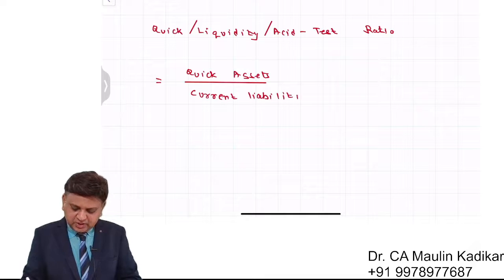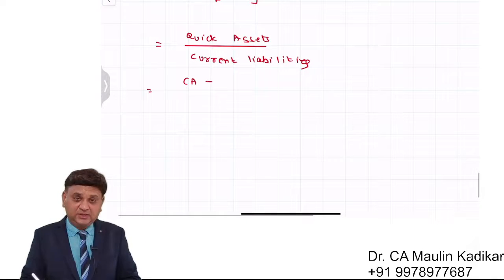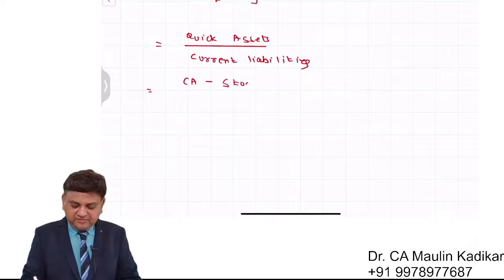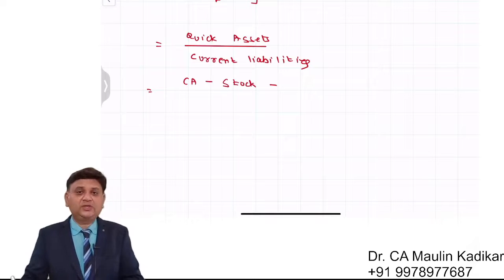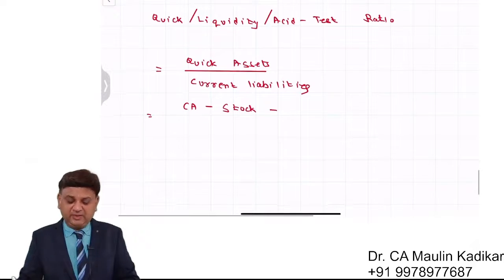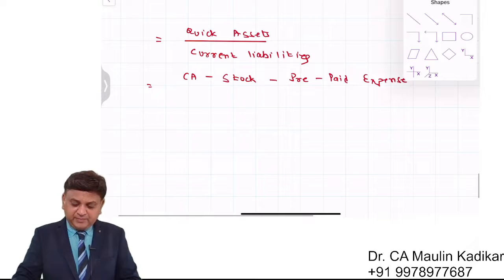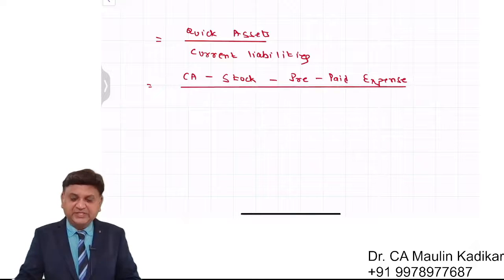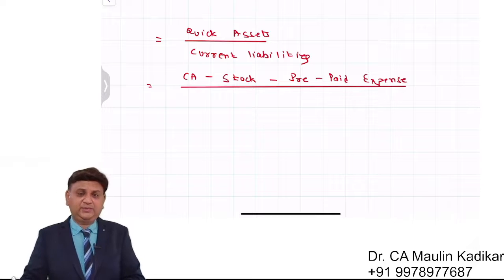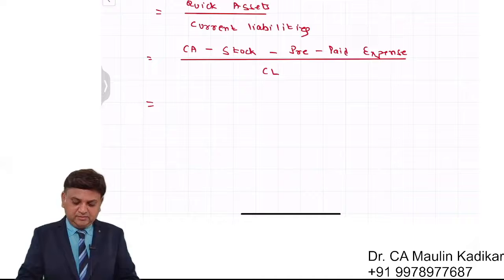As far as the quick assets are concerned, they are calculated as current assets minus stock, because the contention is that stock is not easily convertible into cash, minus prepaid expenses. The argument made here is that prepaid expenses are not cash convertible. That is the reason prepaid expenses are deducted, divided by current liabilities.